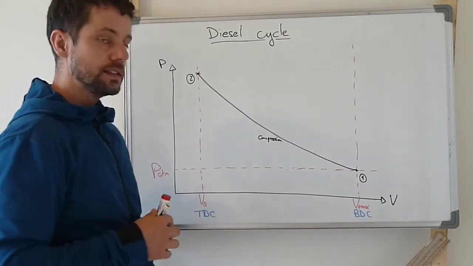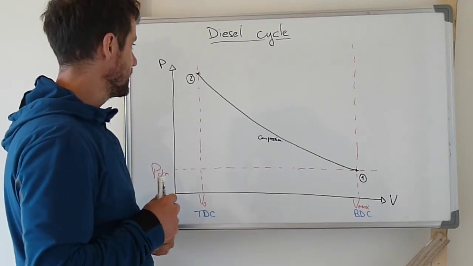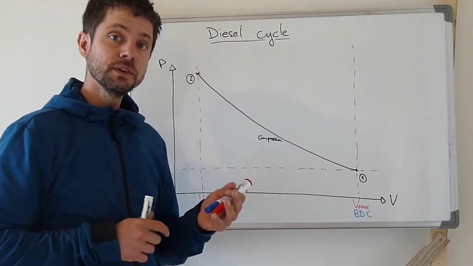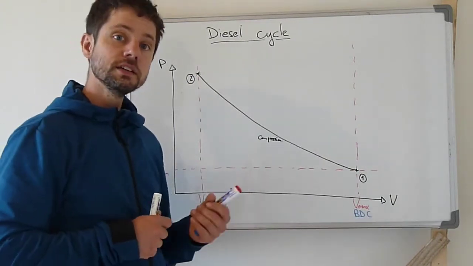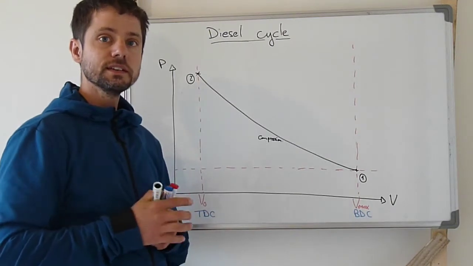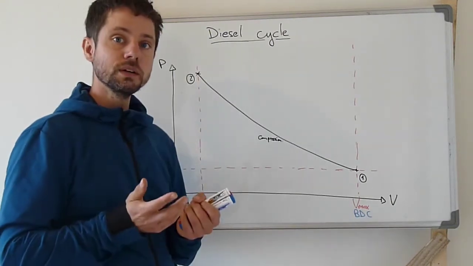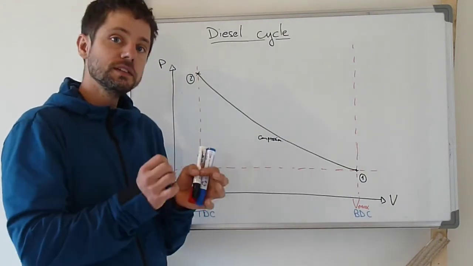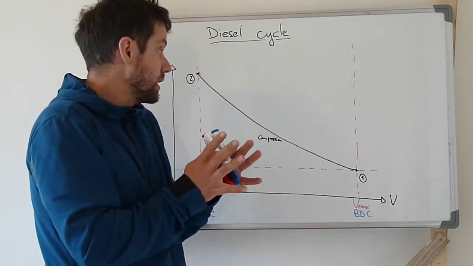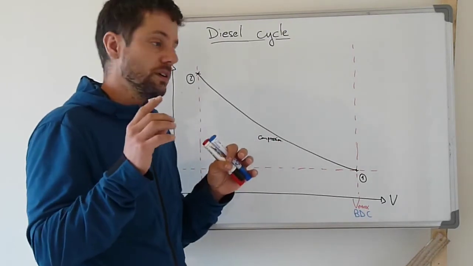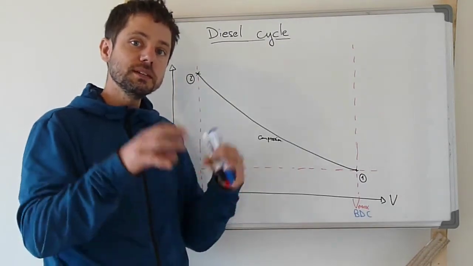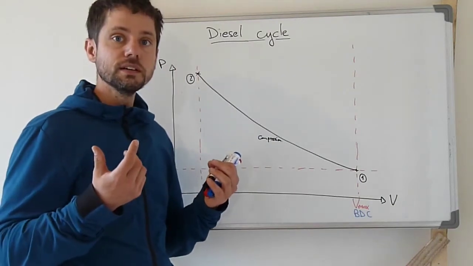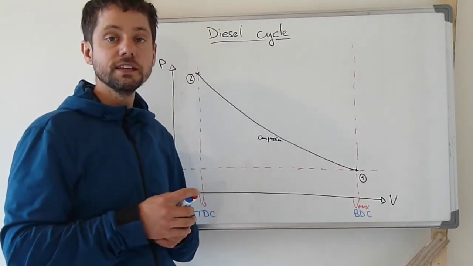Then, second step is the combustion. One of the specificities for the compression ignition engines is that the combustion is slower, because we need the time to inject the fuel in droplets, we need the time for the droplets to evaporate, and then for the fuel vapors to mix with the combustive vapors in order to have the ignition.